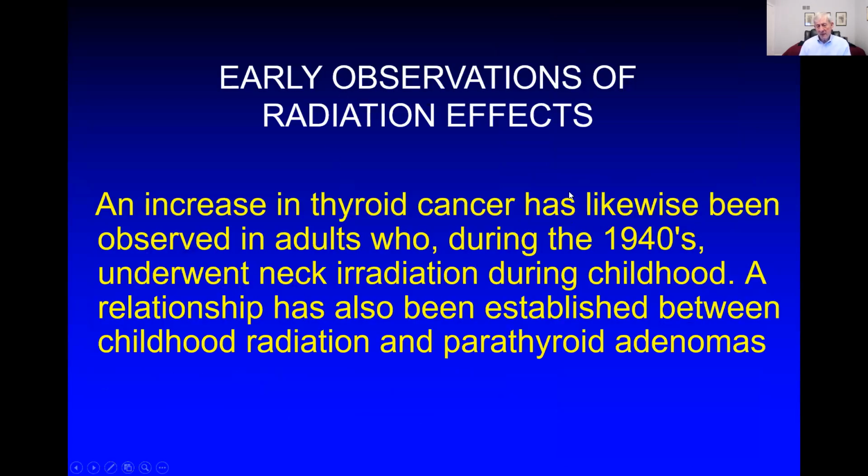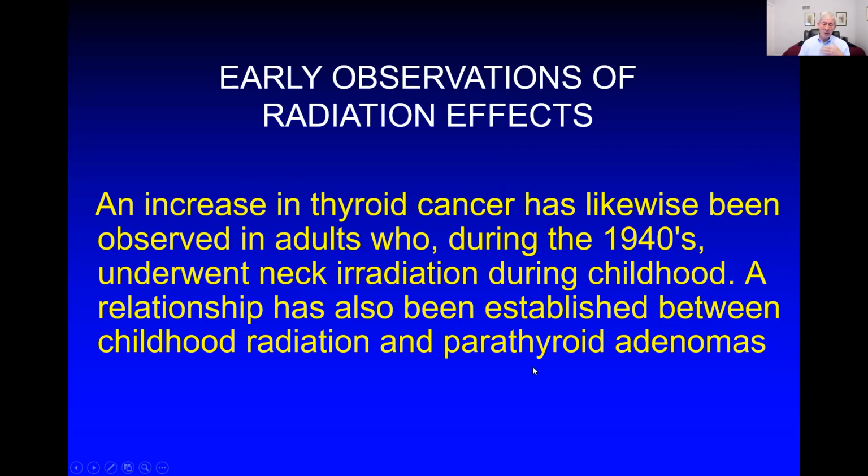Here's something that my family personally has had to deal with. When my wife was a child back in the late 1940s, she had neck irradiation. Children had their neck irradiated back then for two reasons, either for tonsillitis or for an enlarged thymus. We're not sure why she had it, but neck irradiation can cause thyroid cancer, which fortunately did not happen, but it also causes the development of parathyroid adenomas.